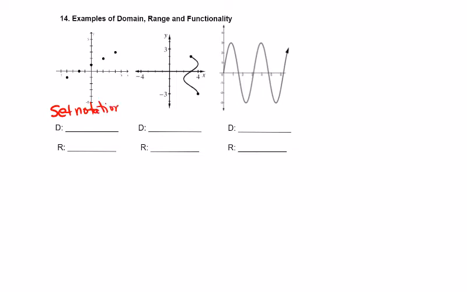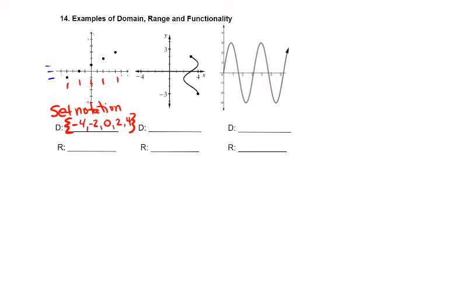So what is set notation? That means our domain, we are just going to list every x value that has a point next to it. So our domain is -4, -2, 0, 2, and 4. That is the domain that is there. The range is going to be the y values.